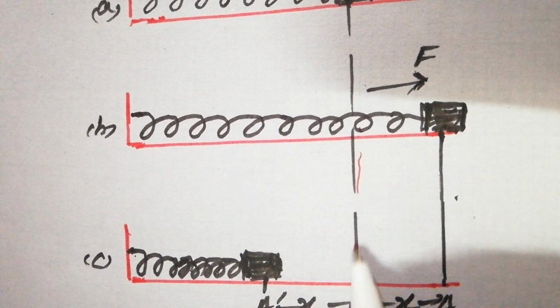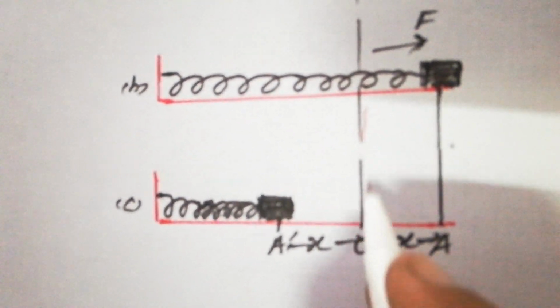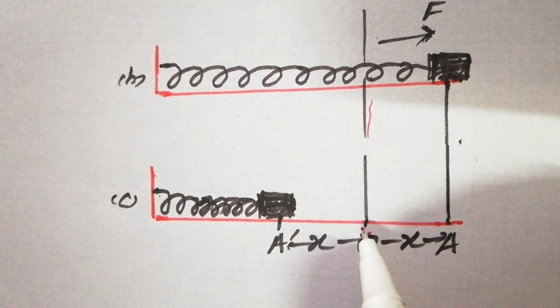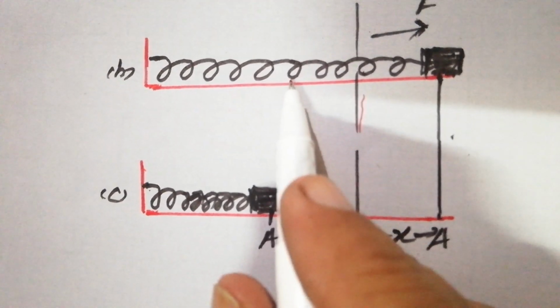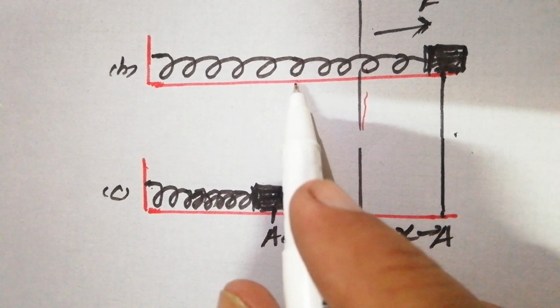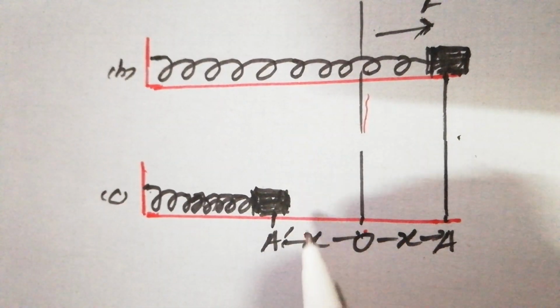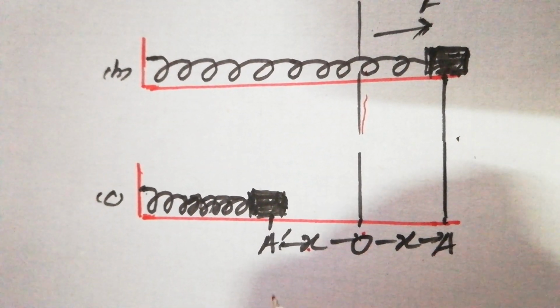The body will not stop at point O, that is the mean position. It will not stop at point O due to its inertia, and it will continue its motion in the left direction and cover the equal displacement x in the same direction.